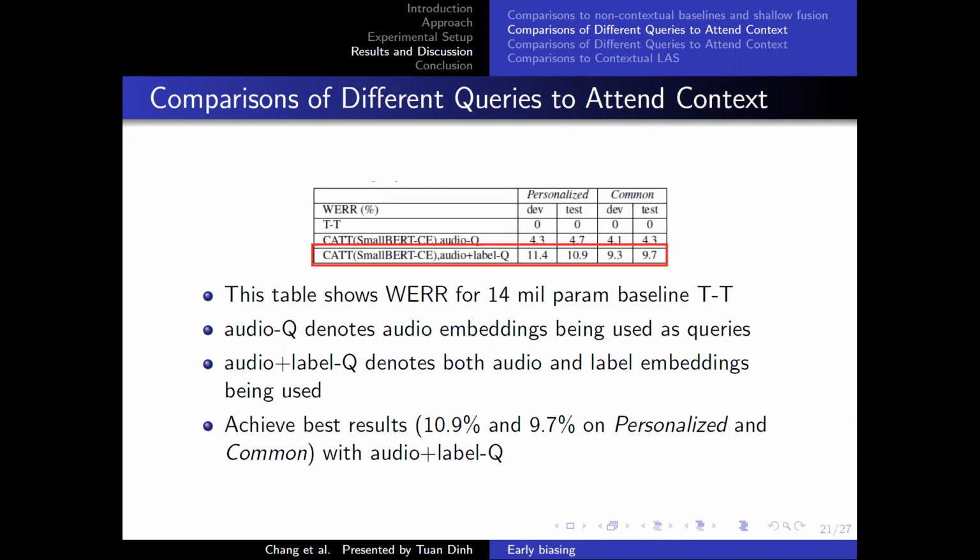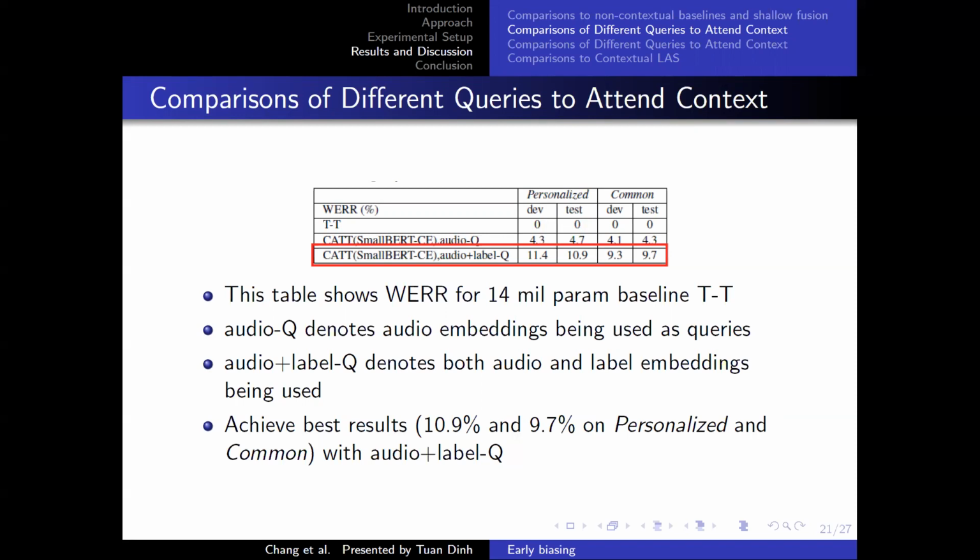In this second evaluation, different queries are explored to obtain contextual information. Specifically, audio query is compared to audio and label query.